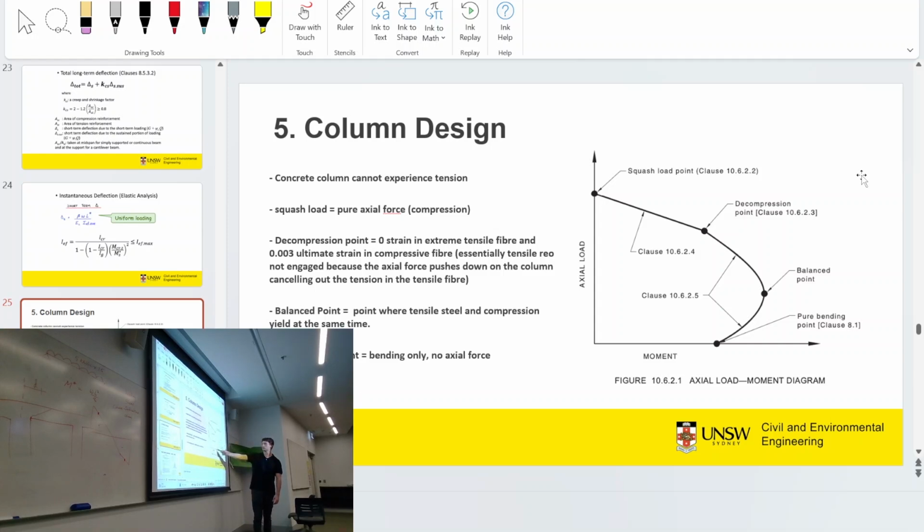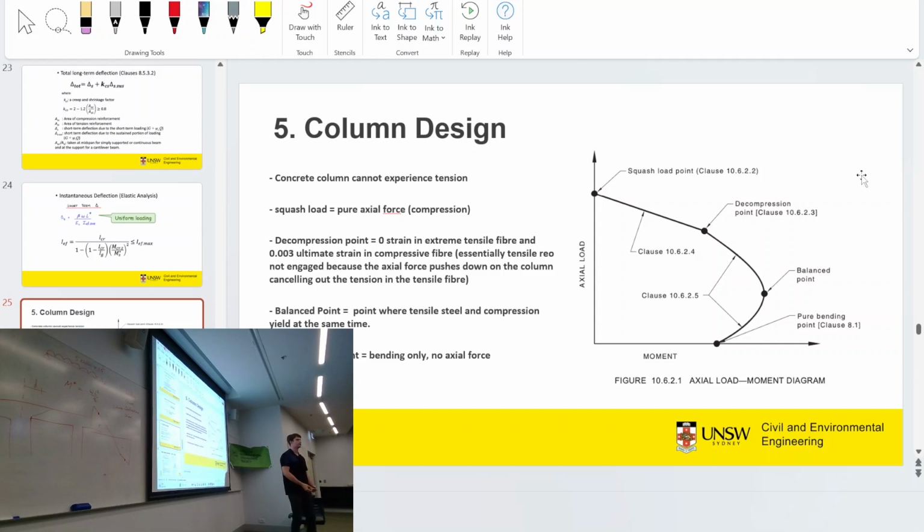How come for concrete columns, when you have moment, you can get more moment capacity when you increase the axial load? Why? This is just a guess.